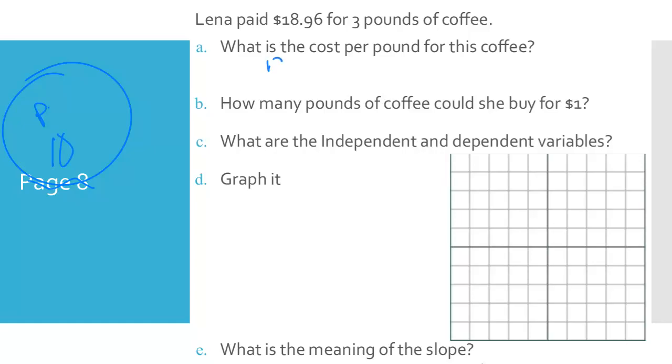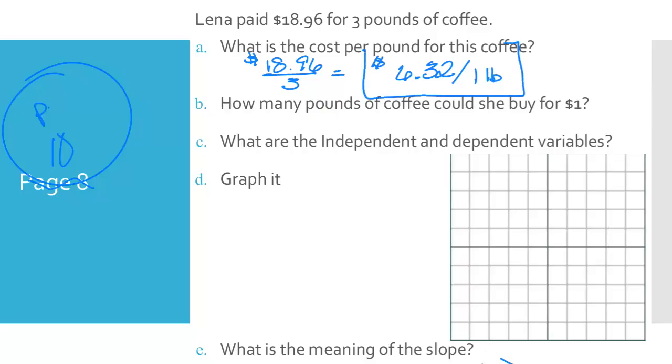So take $18.96. That's how much it costs for 3 pounds of coffee. And when you divide that up, what did you get for an answer? $6.32. And that is for 1 pound of coffee.